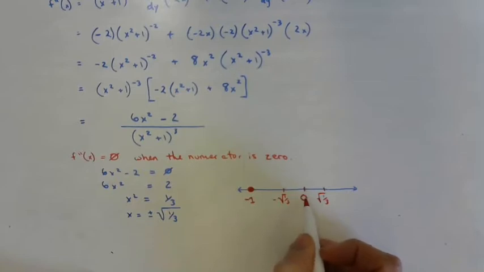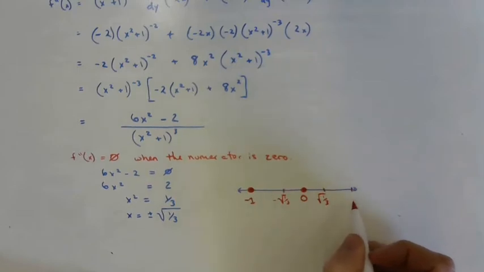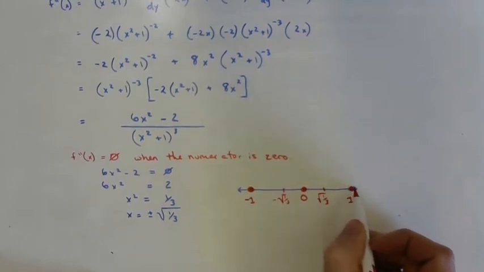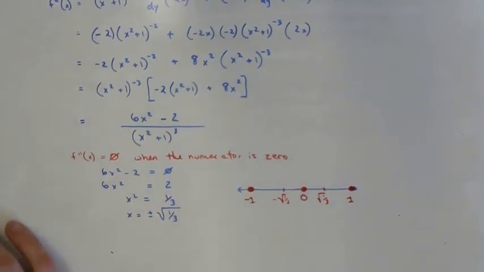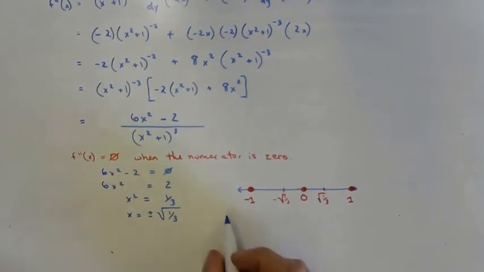I'm going to choose 0 to determine the sign in between the two zeros. And I'm going to choose +1 to determine the sign over here. And if there's a change, then I know that they are a point of inflection. There has to be a change at both places. So from here, I'm getting f double prime of -1.